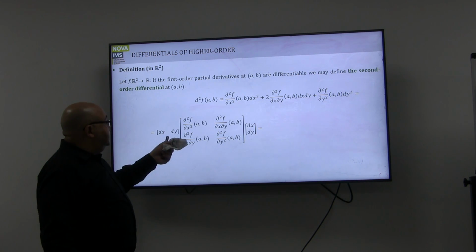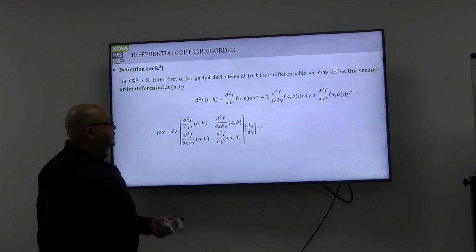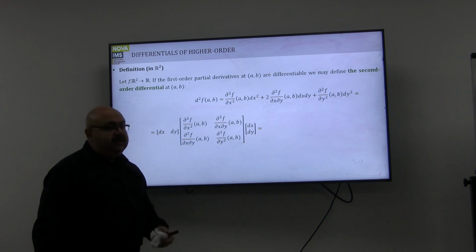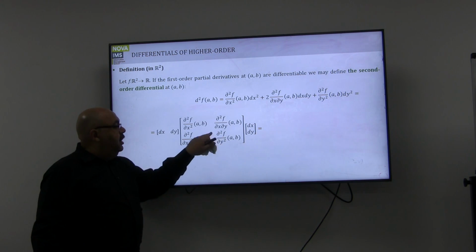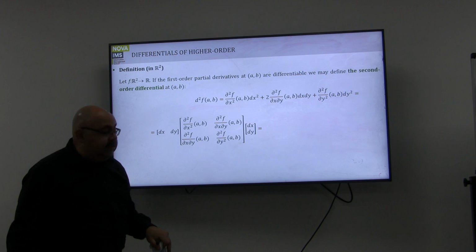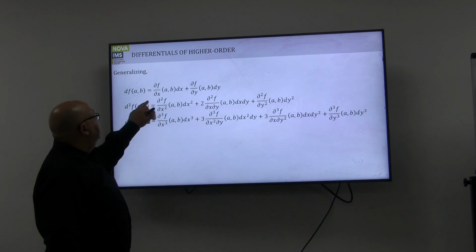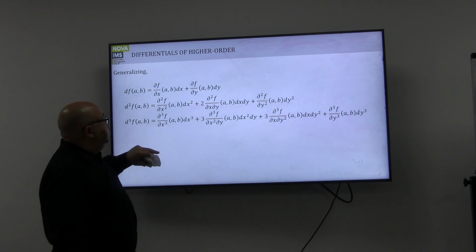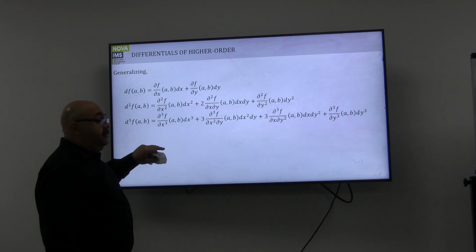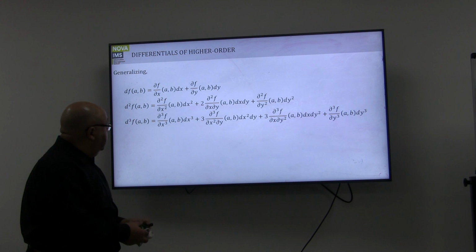You can write dx dy with the second derivative, but I prefer this form, the matrix form, though they are similar to each other. And as I told you, this is the first derivative for the differential, evaluating the differential within the first order.